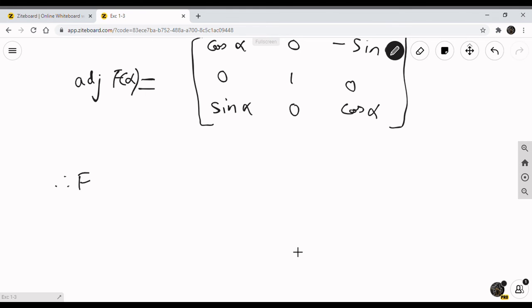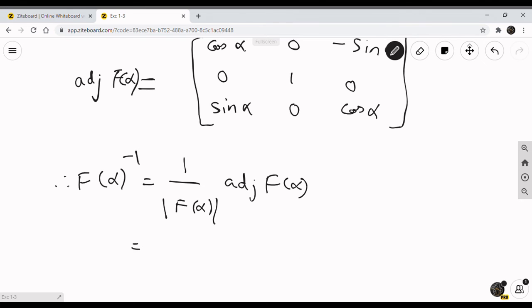Therefore, f alpha inverse is equal to, so let us substitute here. Now the determinant value was 1. So it is 1 by 1.